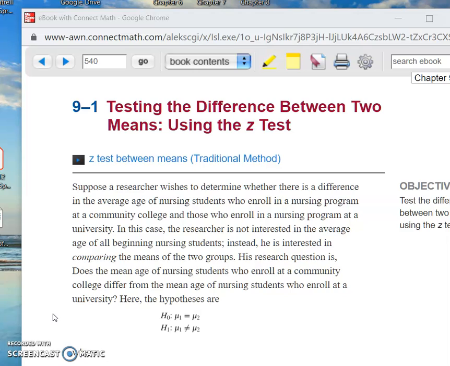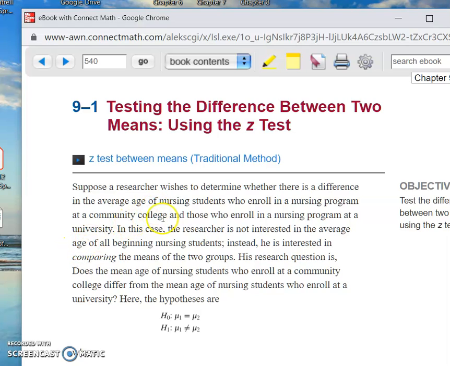And in section 9-1, we always assume that we know the variances, or the variance, I should say. We know the variance of the original population. If you don't know the variance of the original population, then we're not going to use section 9-1. We're going to use section 9-2.